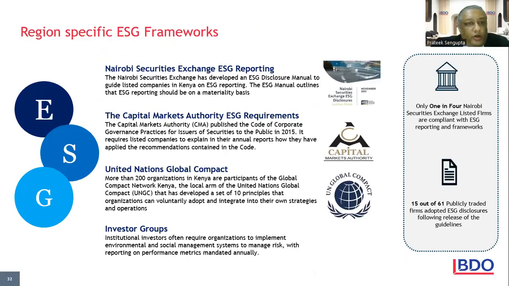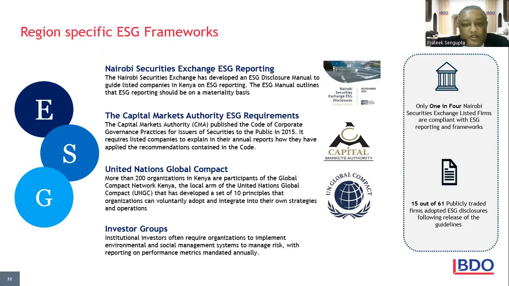So we wanted to delve a little deeper into some of the region-specific ESG frameworks applicable to East Africa. I've already mentioned the Nairobi Securities Exchange ESG reporting, under which an ESG disclosure manual has been developed to guide listed companies in Kenya on ESG reporting. The manual outlines that ESG reporting should be done on the basis of materiality.